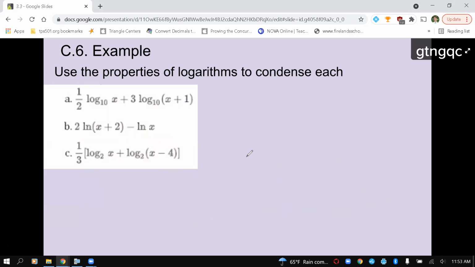Okay, this is the opposite of what we just did. We have it expanded. We are going to condense it. So, first thing we're going to do is the power rule. Make this a power.